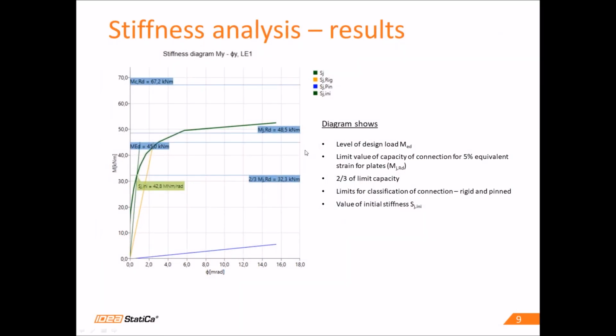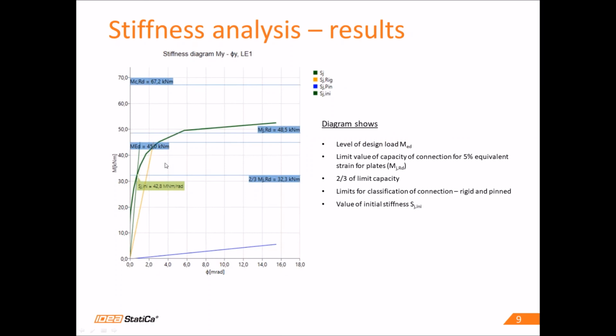As a result, you will see a similar diagram, and I can explain what it means. The green curve represents the dependence of bending moment on rotation.